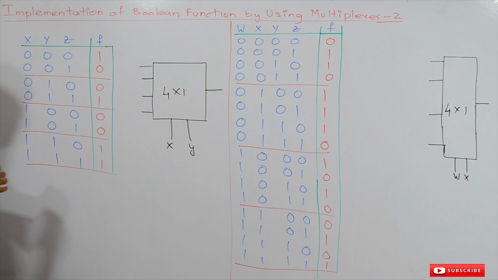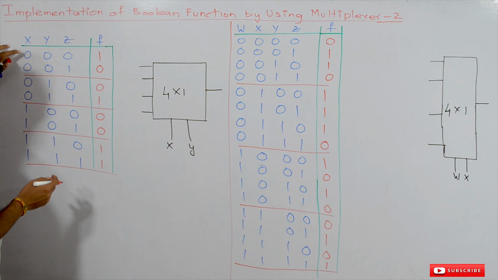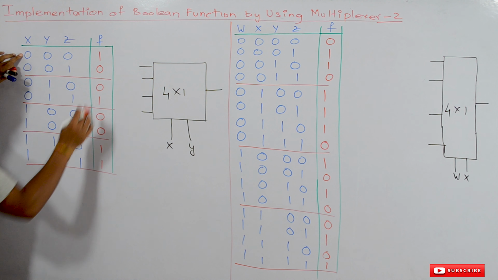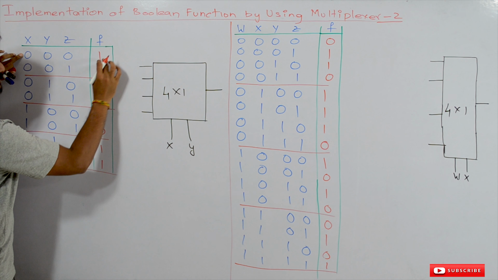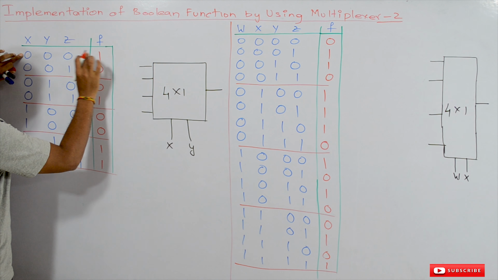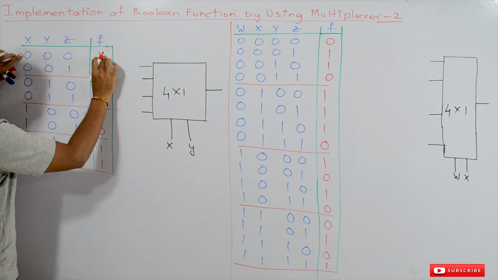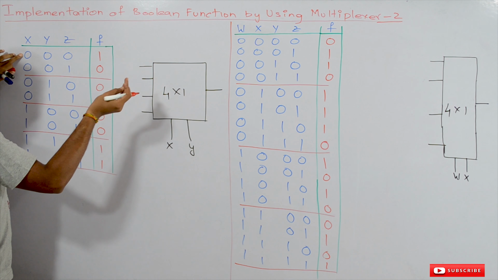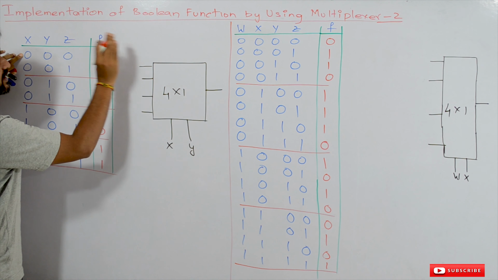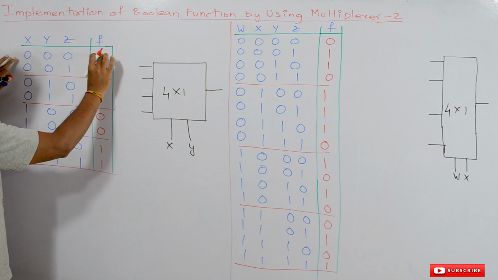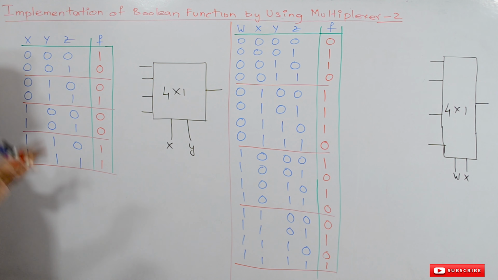What does this mean? Whenever the values of the two inputs are 0, 0, we have to see how the function is behaving with respect to z, and convert the function according to the way in which it is behaving.